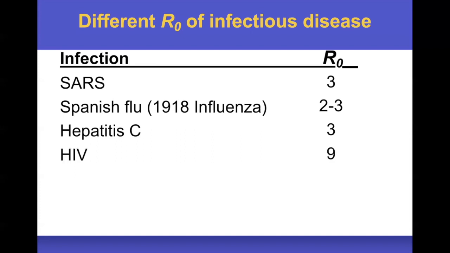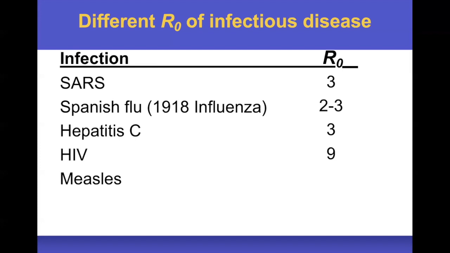HIV is very similar in a way, but with an R naught of 9. Again, lifelong, but even sexual intercourse can transmit the disease, which is very likely not the case for hepatitis C. Measles. What do you think about measles? More than 12.